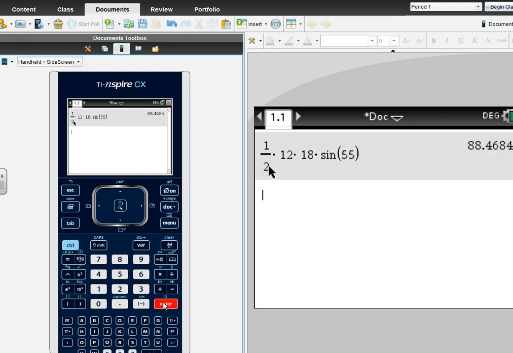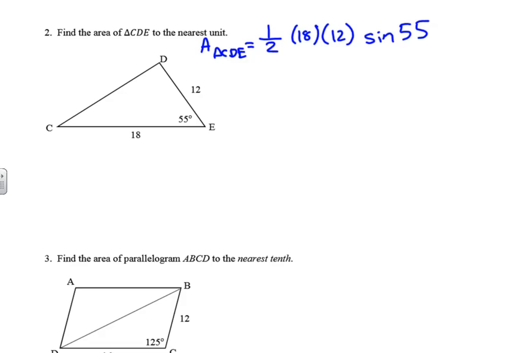That would be 88.5 square units. So the area of triangle CDE would be 88.5.